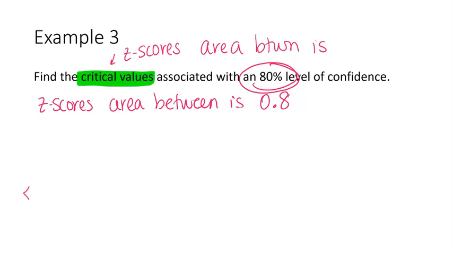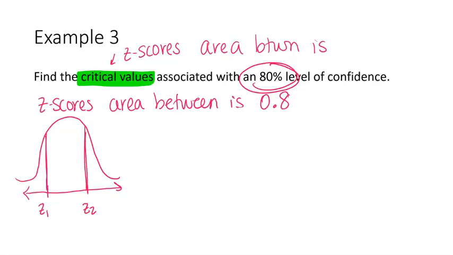Now, just like we did in the last lesson, the first thing I want you to do is sketch the curve. I want two z-scores, a z1 and a z2, so that my area between is 0.8, 80%. Now, as we did in our last lesson, our calculator only knows area left.